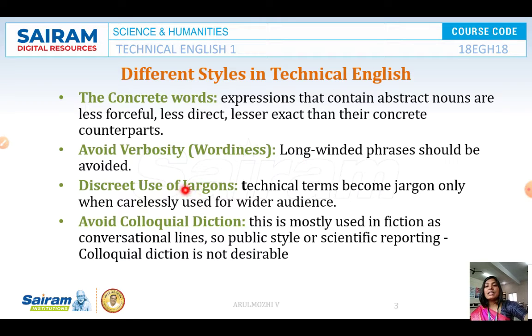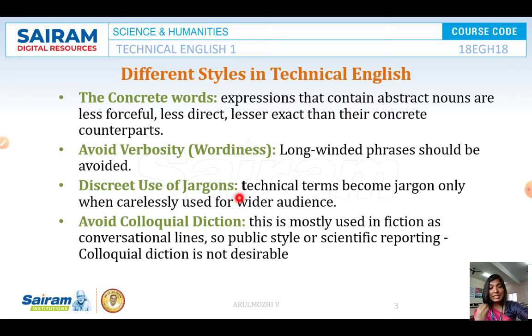And the next one is discreet use of jargon. Of course, there is no technical communication without technical jargon. But when the jargon is aimed at a wider audience, an audience who are not technically involved and who don't have knowledge of a particular technology, then your communication is of no use.